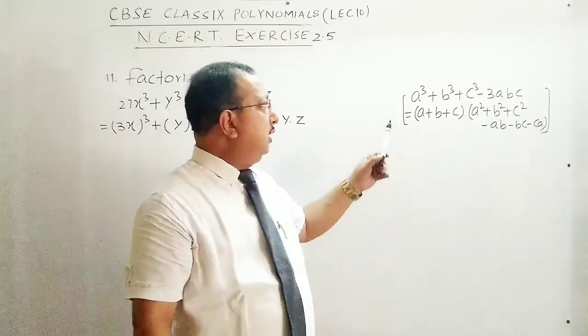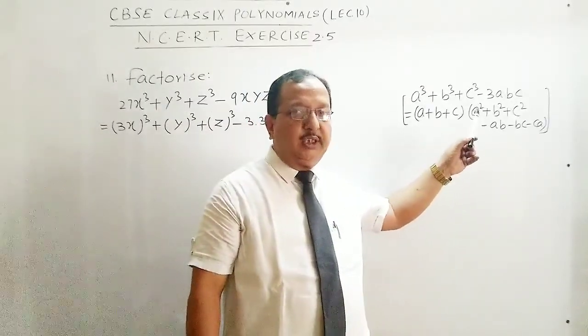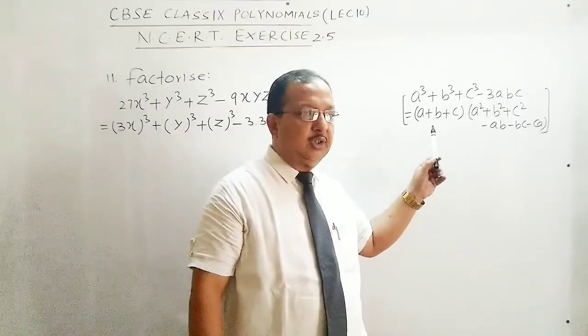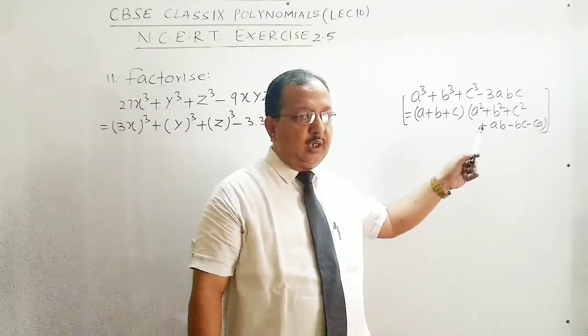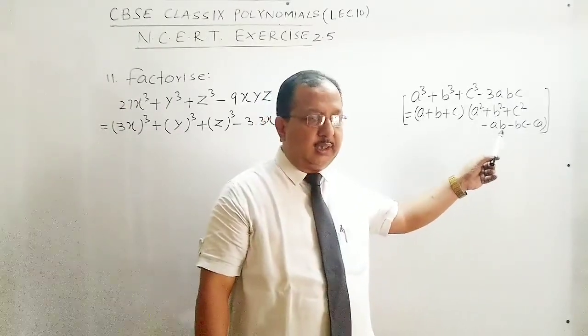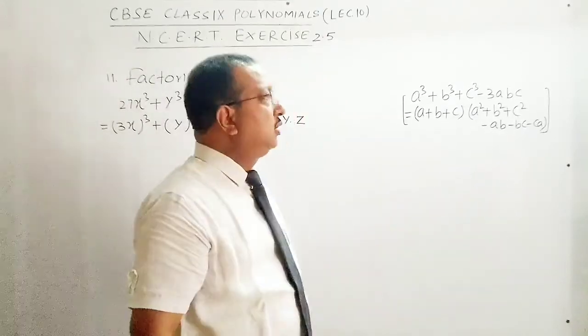What is that? a cube plus b cube plus c cube minus 3abc is a plus b plus c, a square plus b square plus c square minus ab minus bc minus ca.